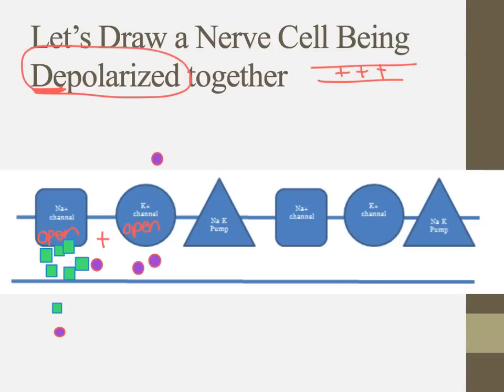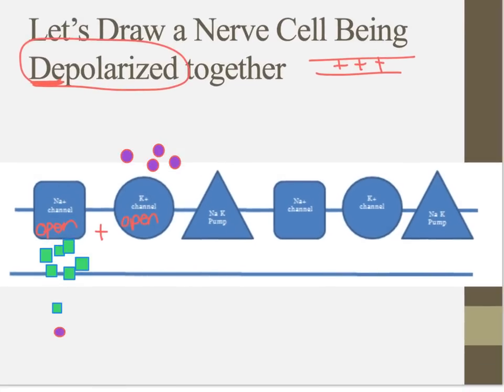So these ions are going to switch places. Now we've still gone from a negative environment on the inside to a positive, and all that happened through this changing of channels. So now the sodium ions that were out on this side are going to come in, and the potassium ions are going to come out.